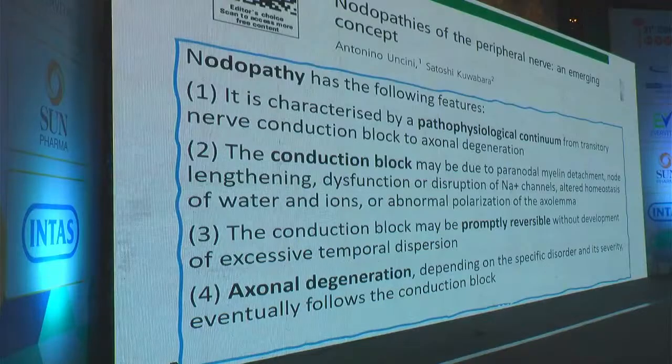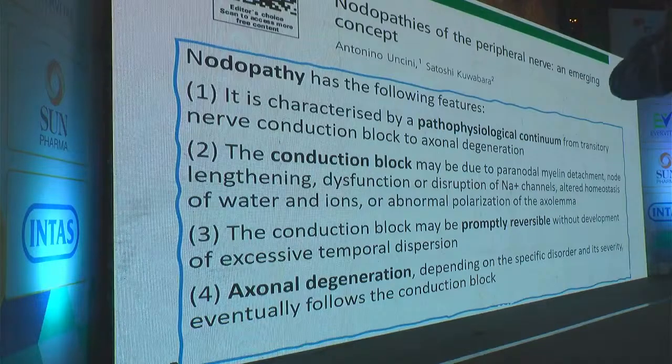Now, a newer concept of nodopathy and paranodopathy, which can mimic an AIDP or CIDP-like presentation, which are a completely different spectrum of disease of node involvement or paranodal involvement, typically characterized by prominent conduction block without much temporal dispersion in the initial part of the disease, followed by axonal degeneration in the later part of the disease.